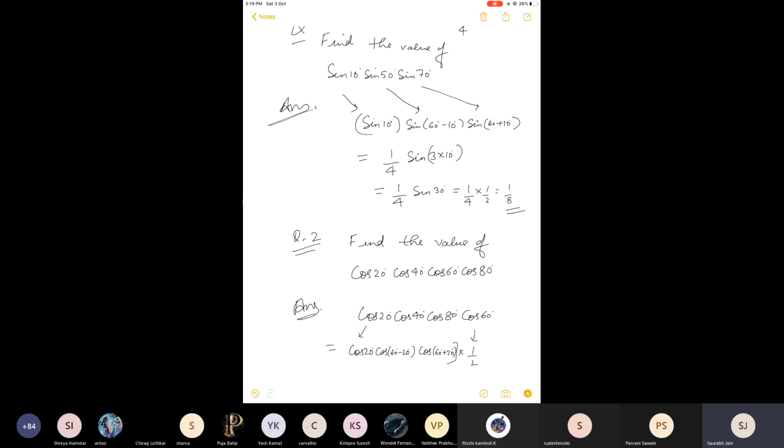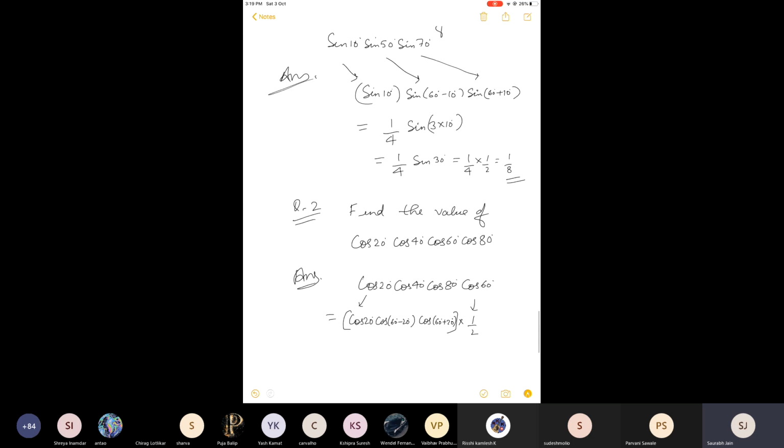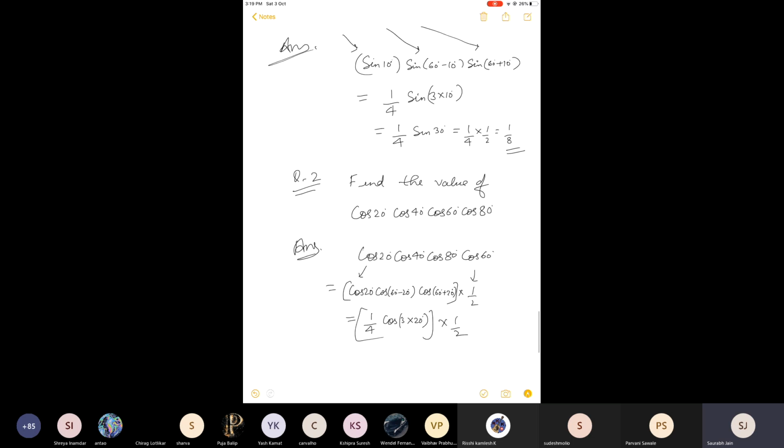Now use the formula cos theta, cos 60 minus theta, cos 60 plus theta. What is the formula? 1 by 4 cos thrice of the angle theta, which you have assumed as 20 here. Use proper brackets. Do not get confused. So 1 by 4 cos 3 times 20, that is cos 60 degrees. This is also changing into a standard angle. What is the value?